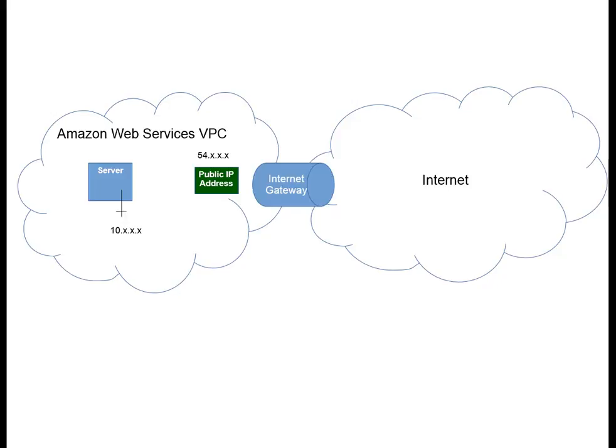So what happens is that this public IP address service that Amazon provides actually functions very much like a NAT gateway, in that the server, the 10 dot address, can communicate with traffic across the 54 dot address. And then the 54 dot address, since it's now a routable IP address, can communicate across the internet through our internet gateway.